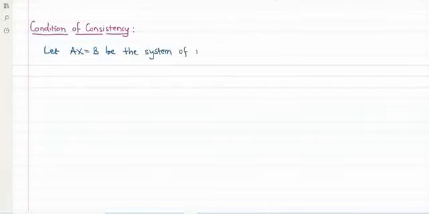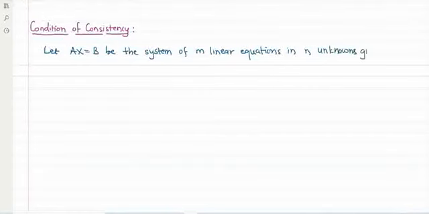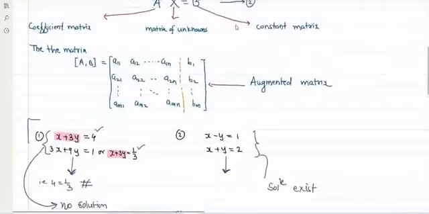When I am writing Ax equal to B, you have to understand: let Ax equal to B be the system of m linear equations in n unknowns, and this system is non-homogeneous, given by equation number 1, the beginning.